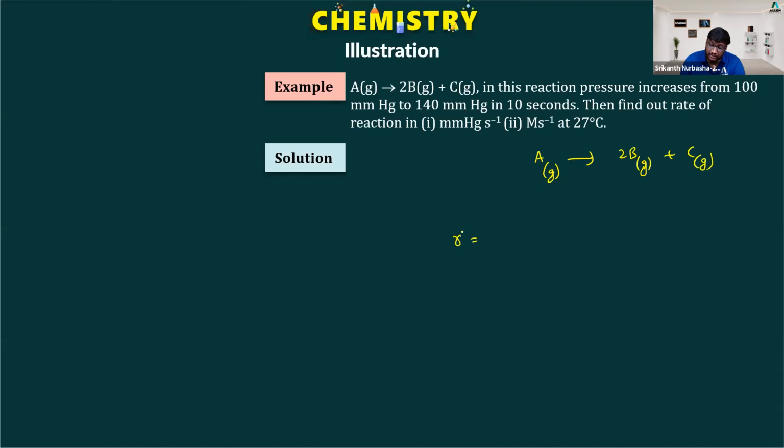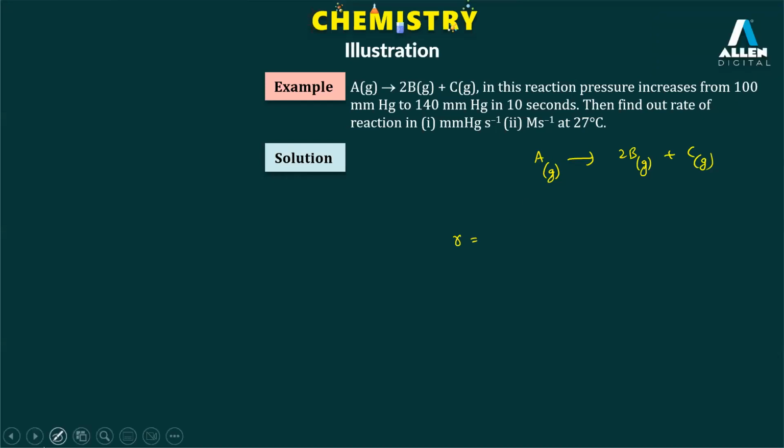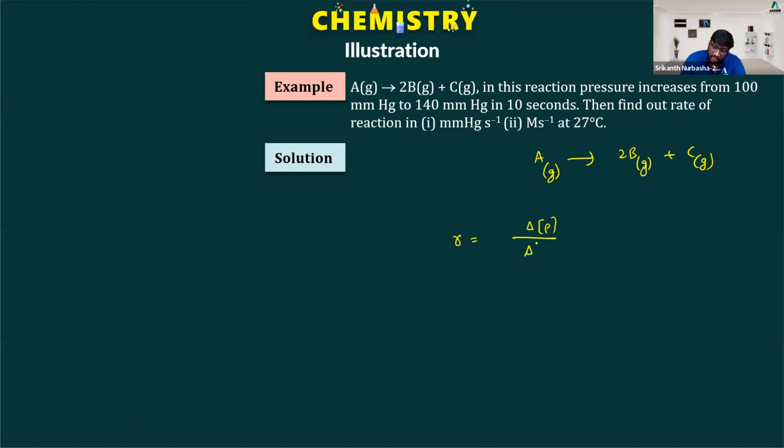How can I calculate the rate? The pressure increases from 100 mm to 140 mm in 10 seconds. How can I report the rate? Rate is equal to change in pressure divided by the time required for that change.